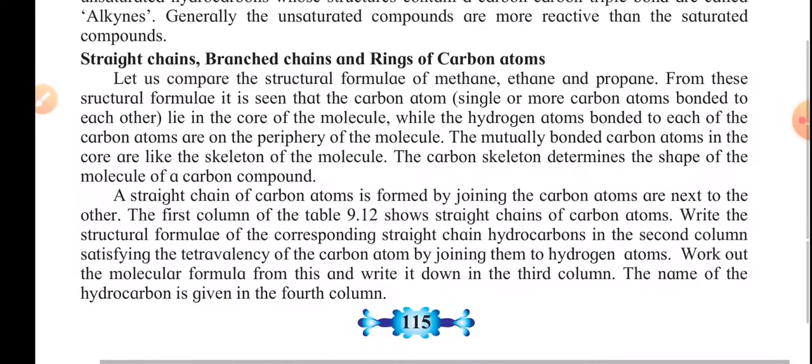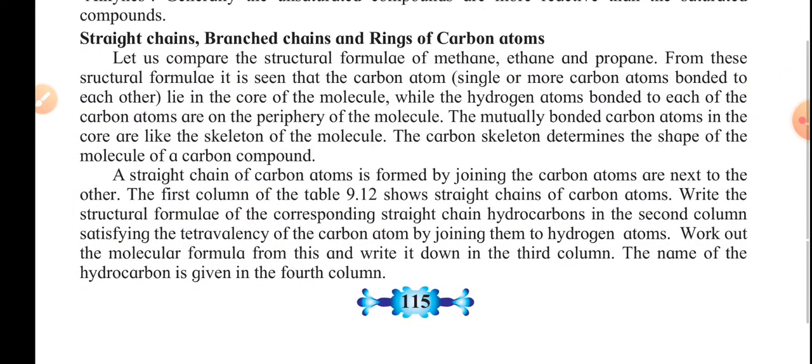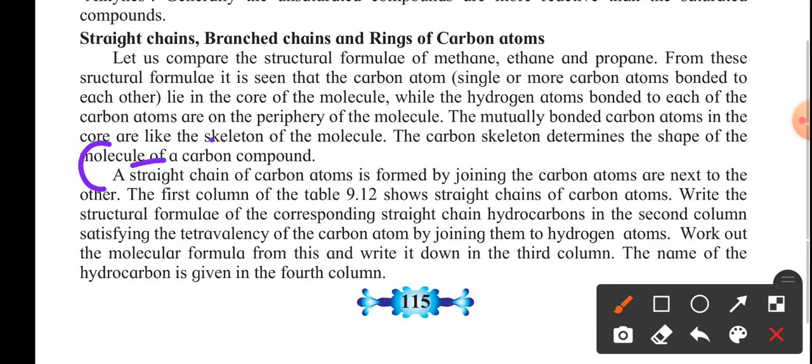Further is the straight chain, branched chain, and ring of carbon atoms. When we talk about carbon atoms and the property called catenation, when the carbons are connected one after another in a single straight chain, like carbon, carbon, carbon, carbon, carbon, then this will be called a straight chain.